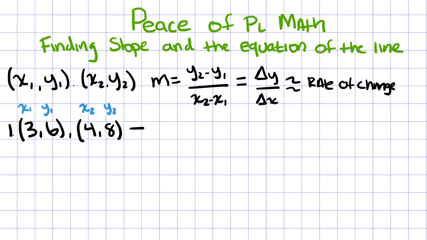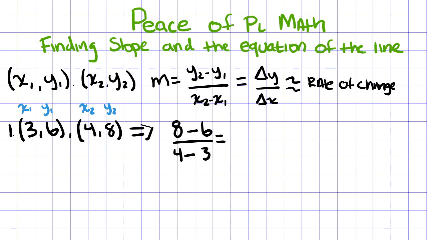Now all you have to do is plug this into the formula from above. You have y2, which is 8, minus y1, which is 6, divided by x2, which is 4, minus x1, which is 3.